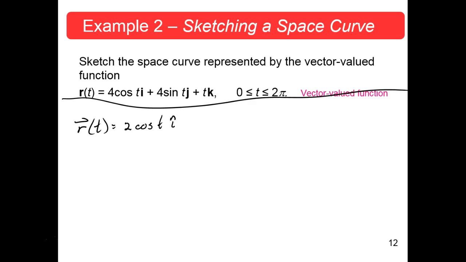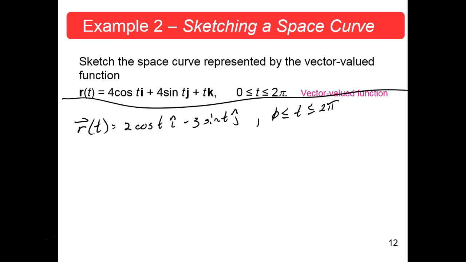That indicates that's a unit vector, if I know it is. Minus 3 times sine t j. Okay? In this case, they tell us that t varies from 0 to 2 pi.